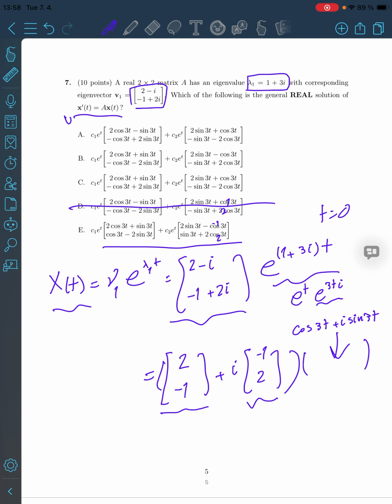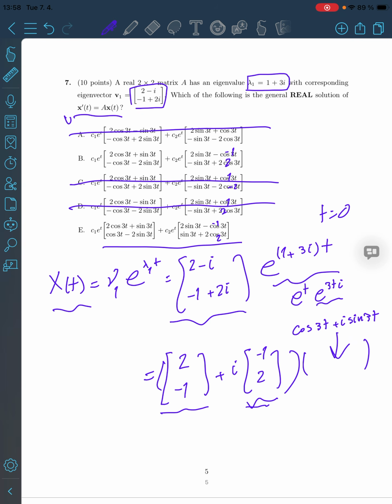Here again, if t is 0, you can get 1 and negative 2, which is not here, therefore this is not going to be the solution. So here you can get negative 1 and 2, which can be a solution. Here again, you cannot get negative 1, and therefore A is also not a solution.